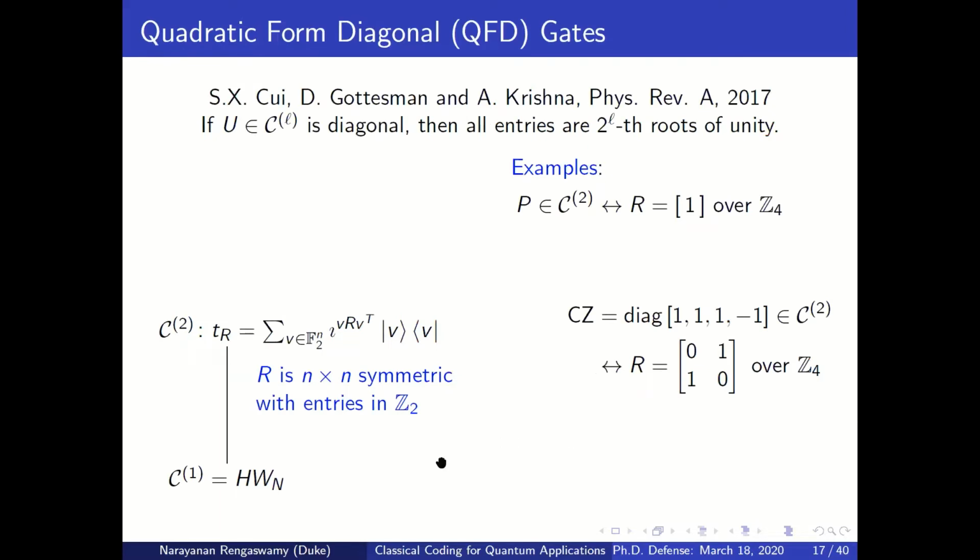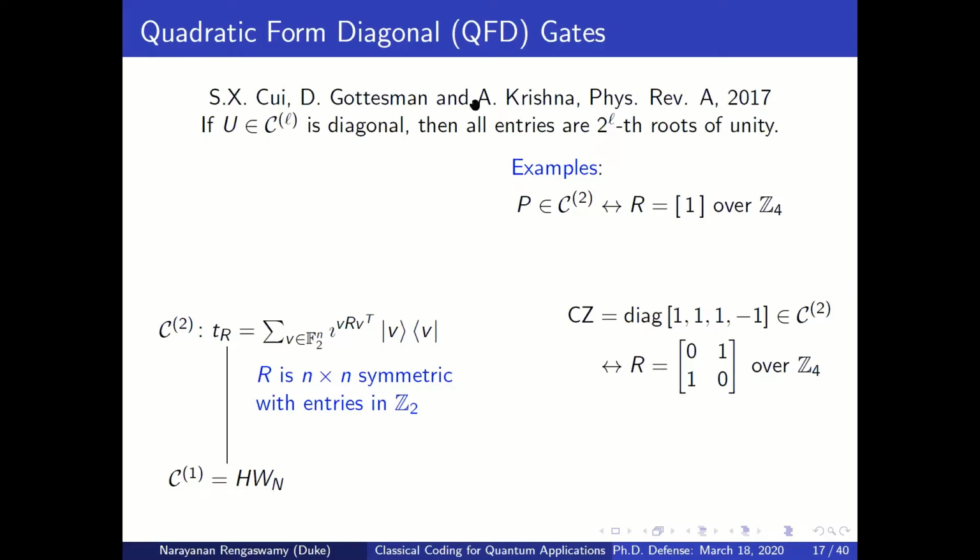So again, I've just reorganized the information I gave you in the previous slide. You have sort of a hierarchy of gates. The first level is the Pauli operators. The second level is the Clifford operators, and here I'm only focusing on diagonal Clifford operators.